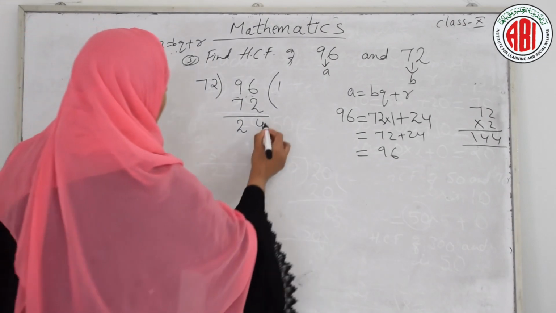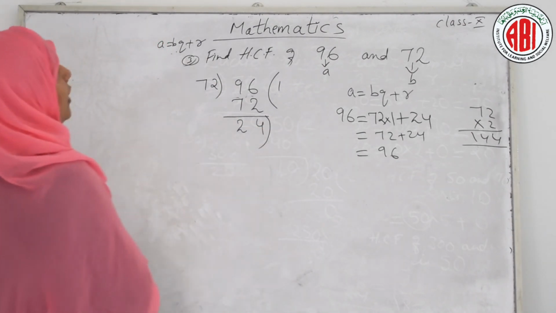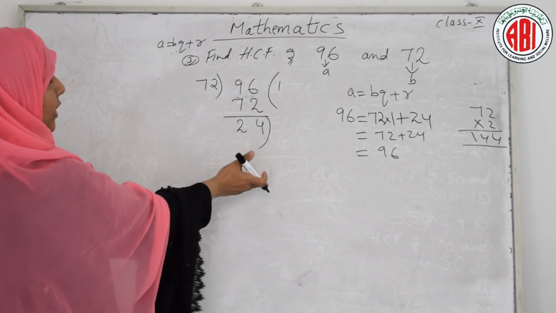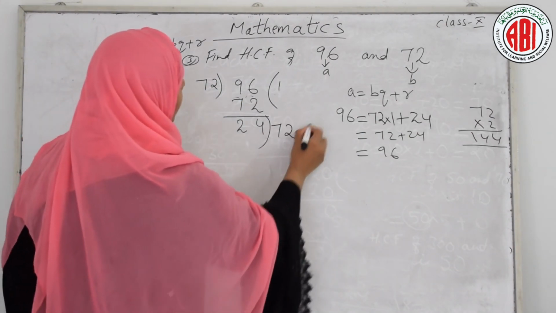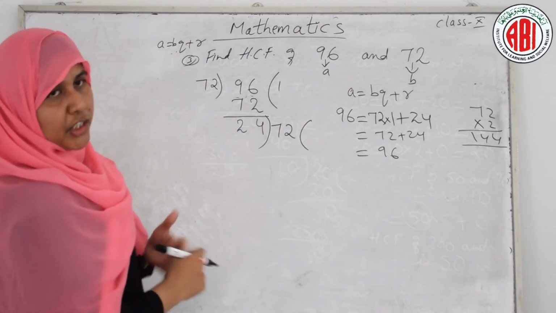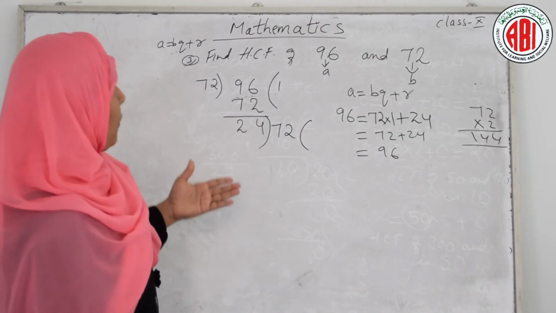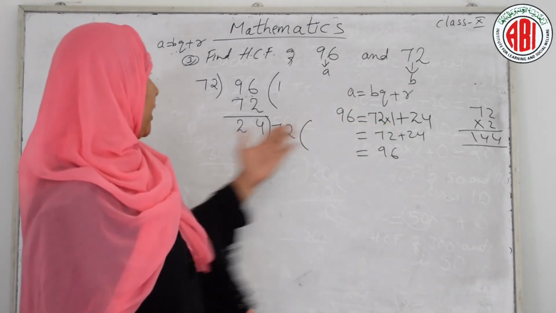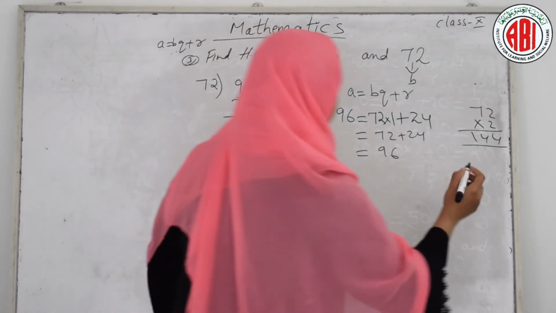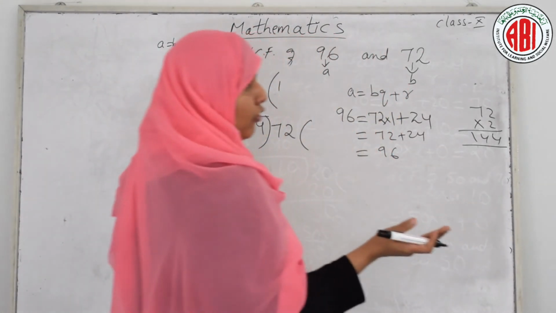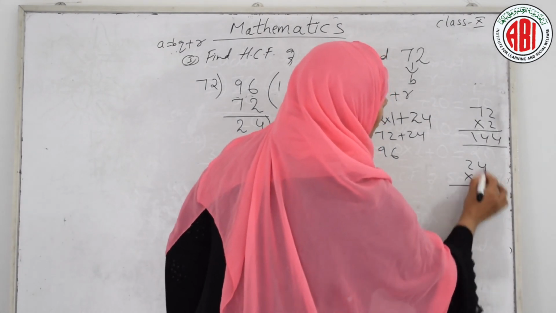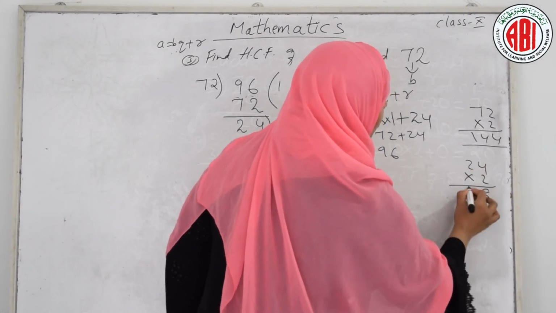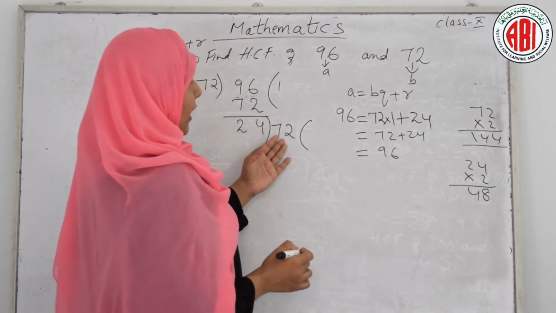Now what will be the next step? This remainder 24 we will take as divisor, 72 we will take as dividend. Now do you remember the multiplication table of 24? If you don't remember, you have to calculate it on the rough side. Let us see 24 into 2: 2 4s are 8, 2 2s are 4, 48. 48 is much less than 72.